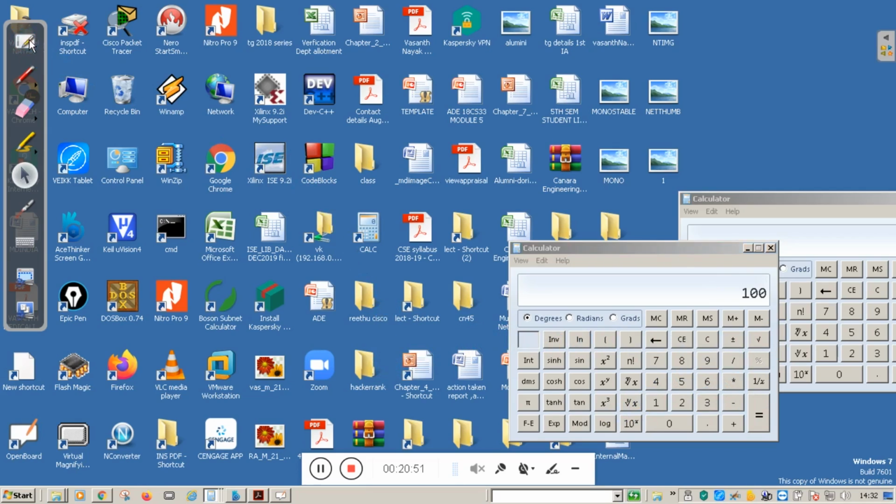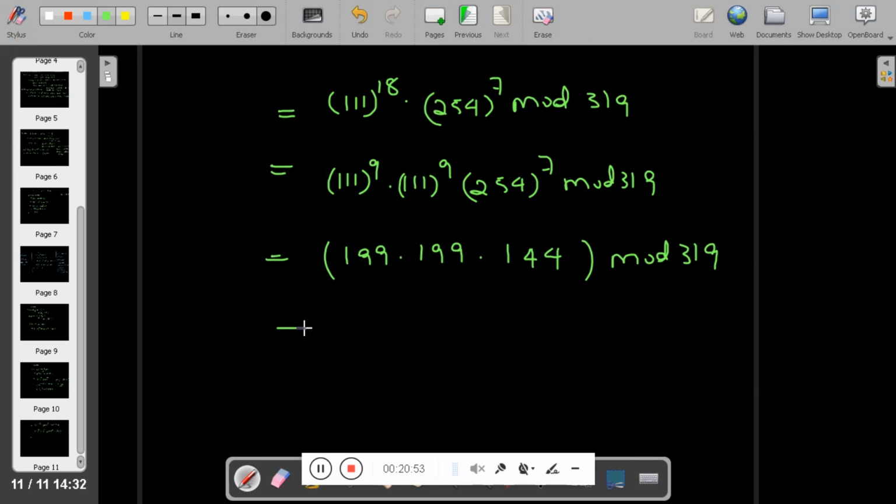So here this gives 100, which is nothing but our plain text M.